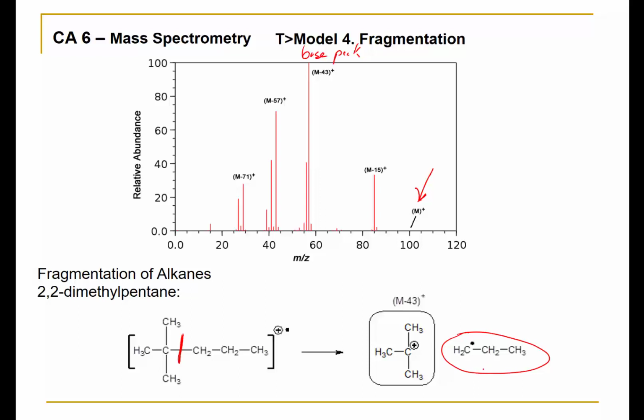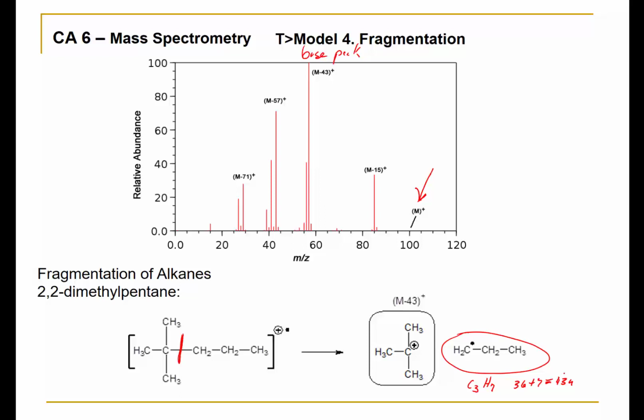And we can see that this would be a 43 by doing a very simple calculation. So this would be the C3H7. And so the nominal mass for this would be 3 times 12, which would be 36, plus the 7. And so that equals the 43 atomic mass units. And so, of course, that corresponds to the M-43 peak.